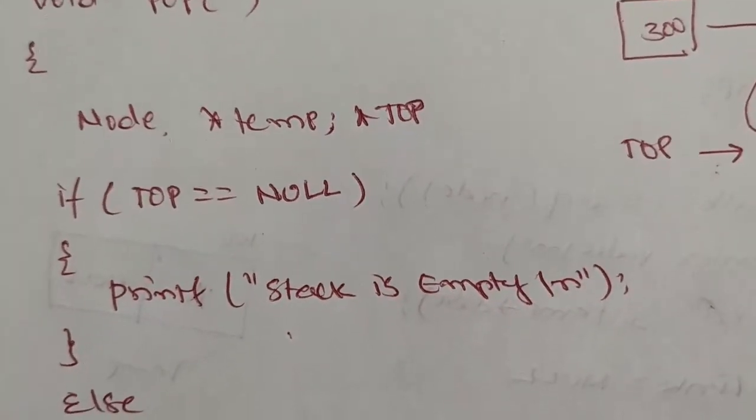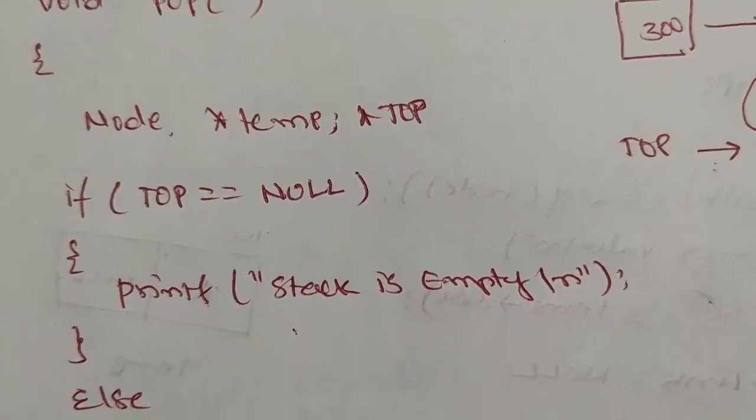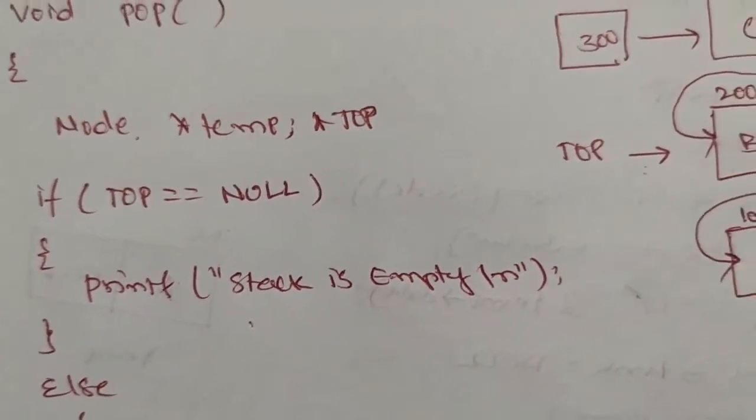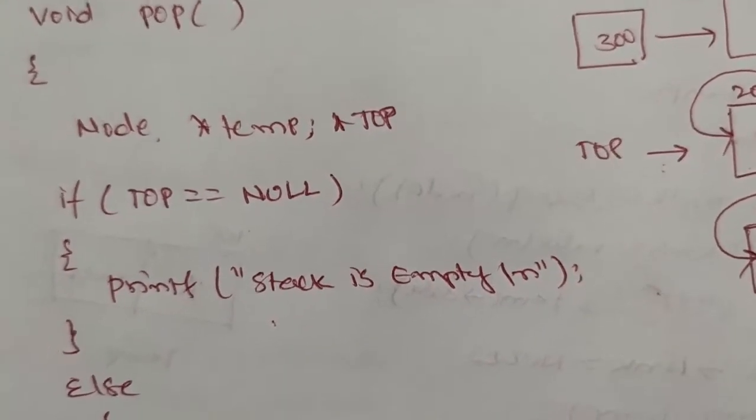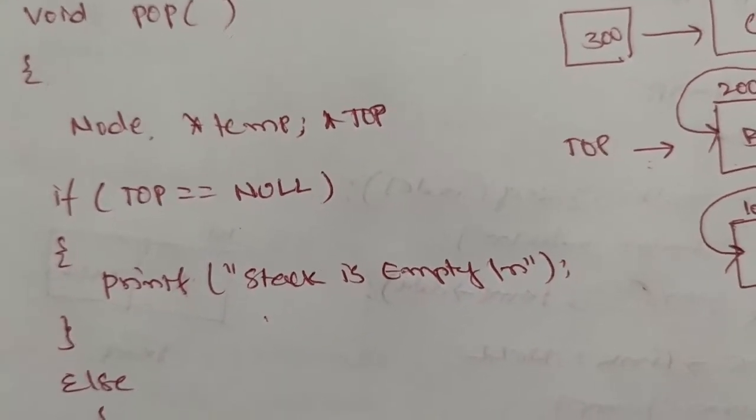If top equal to null, what does it mean? Top equal to null means no elements within the stack, so the stack is empty.